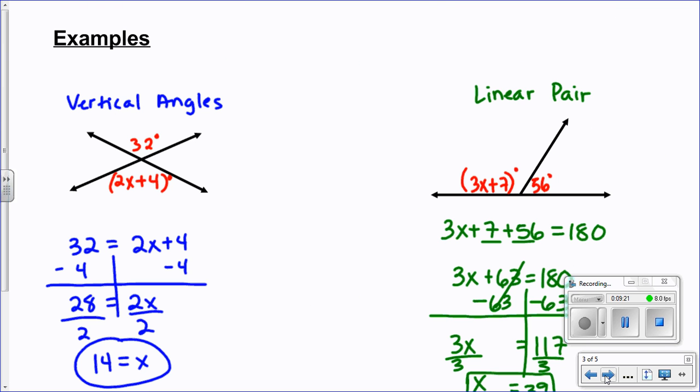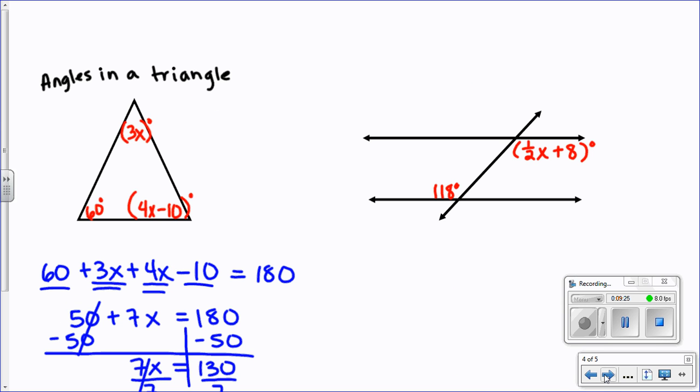In both of those cases, you set them equal to each other. And they're both on the inside, so they're alternate interior angles. I will set them equal to each other.